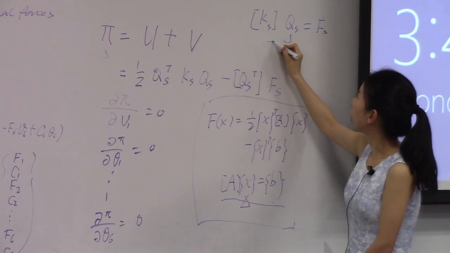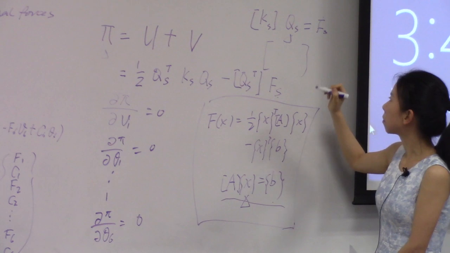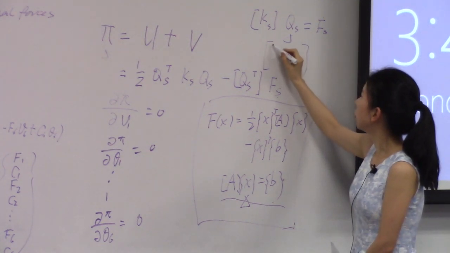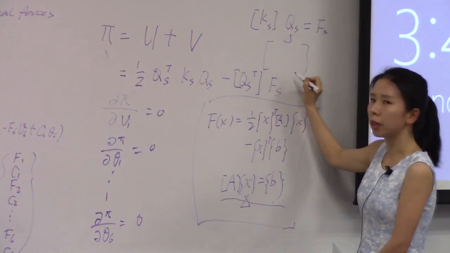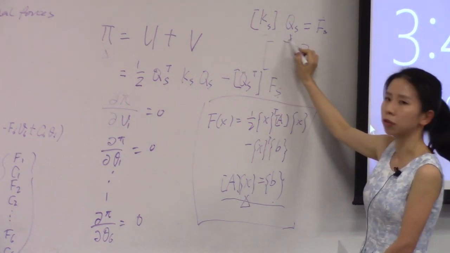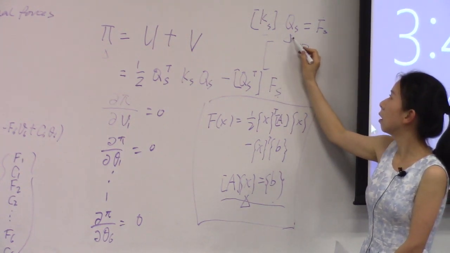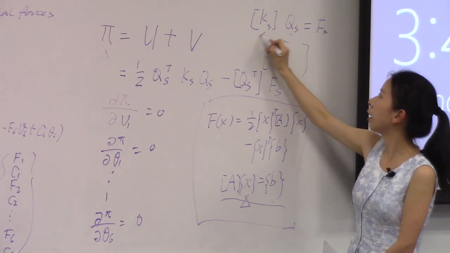You can check your textbook later. This K_S should be symmetric and singular, and because this one is singular, there's no way we can calculate this one, right?